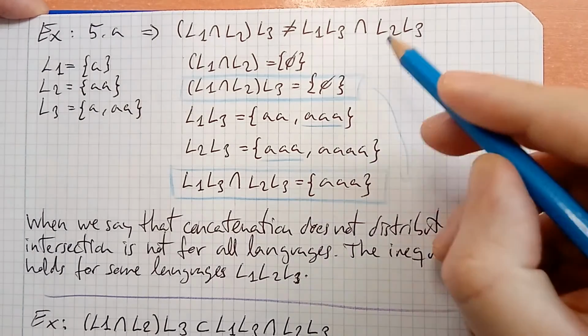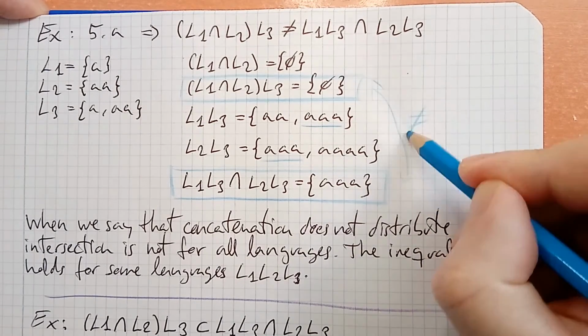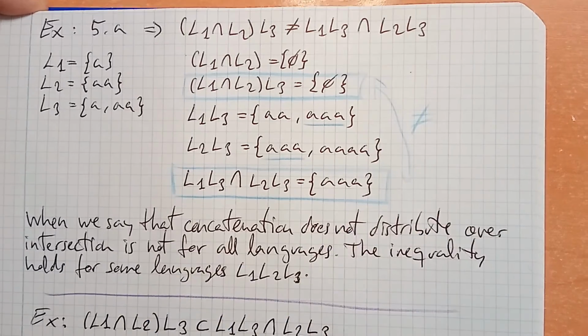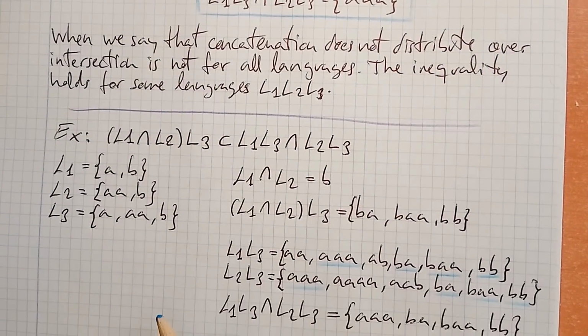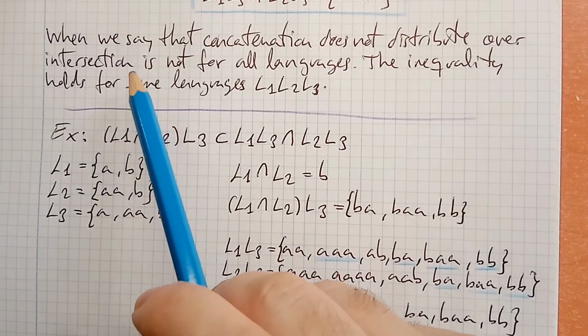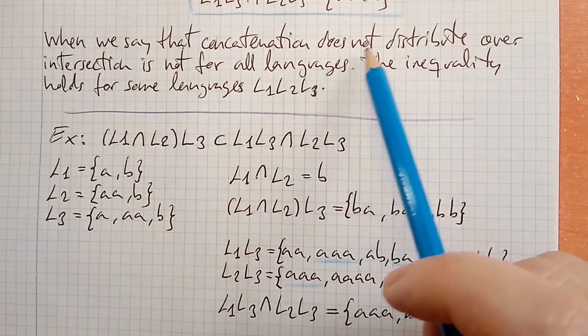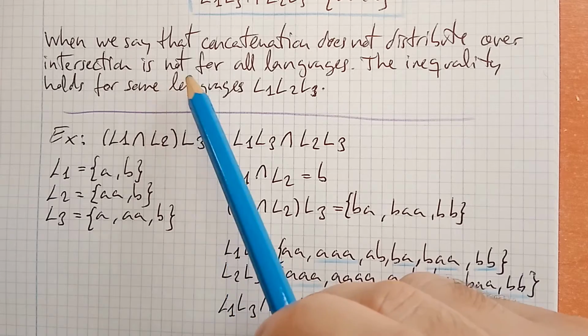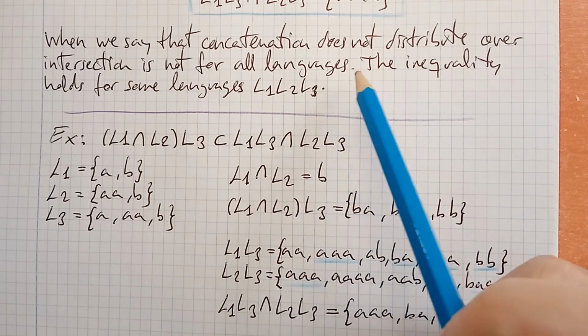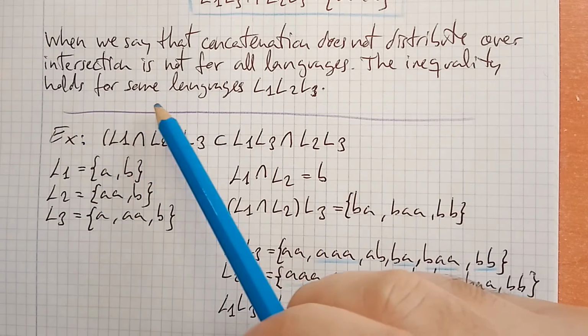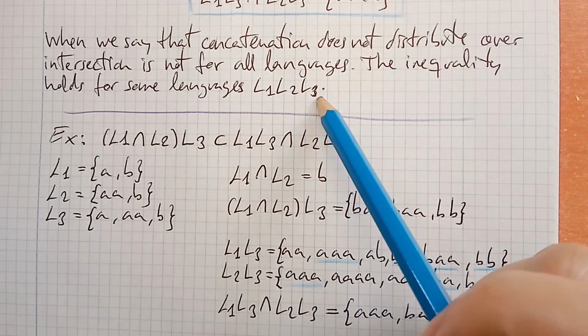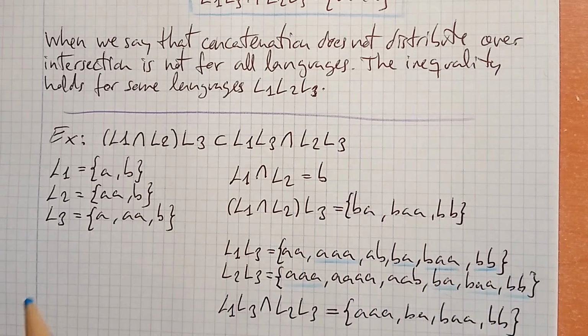So they are not equal. When we say that concatenation does not distribute over intersection, it is not for all languages. The inequality holds for some languages L1, L2, L3.